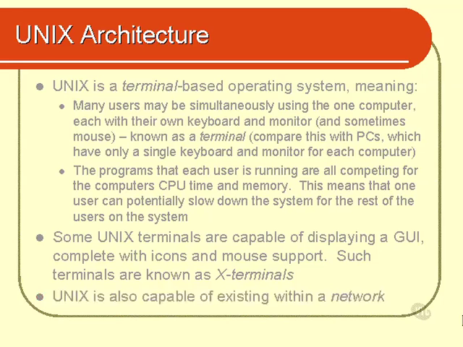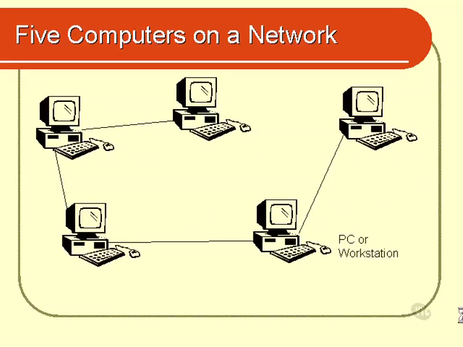Firstly, we'll have a look at a network. Let's say you're working in a corporation and that corporation has a network. Then what you'll find is on everybody's desk you'll find a computer. One computer on every desk. Every computer will have its own keyboard, monitor and mouse, and those computers will all be connected together via network cables. You may also find on the network a server. Now a server is just another computer.